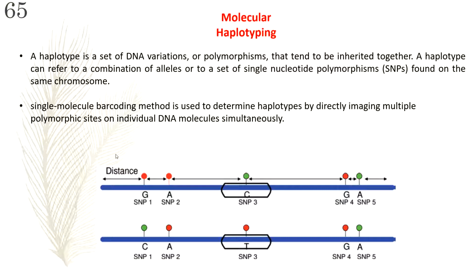Now this method also starts with a long-range PCR amplification of the target DNA segment which contains the polymorphic site, and then it is followed by allele specific labeling of polymorphic alleles with fluorescent dye molecules, and then it is imaged. Then obviously you have to linearly stretch the single DNA molecule and image it, and afterward determine the nature and position of these fluorescent dyes along the whole DNA molecule.